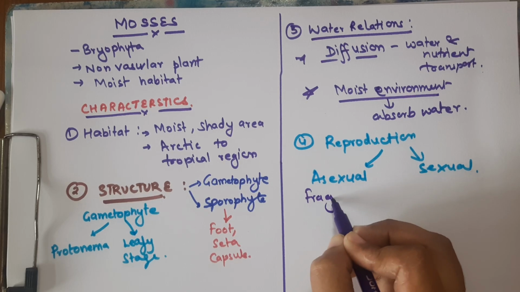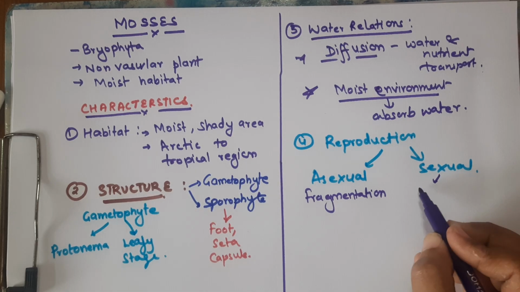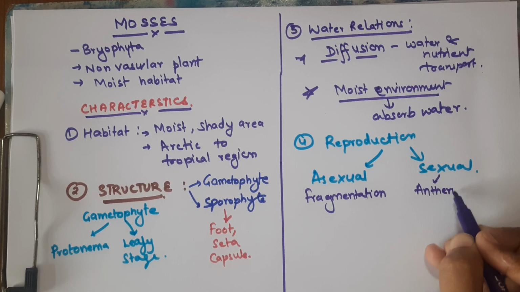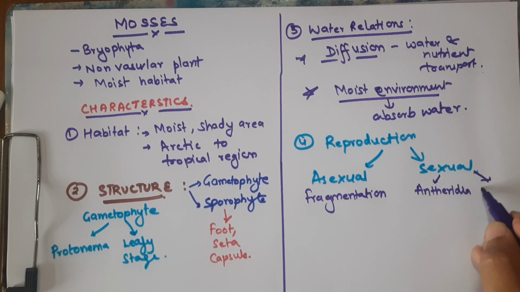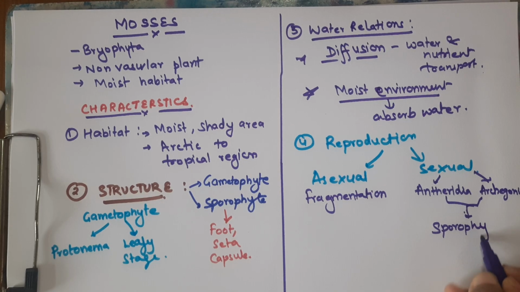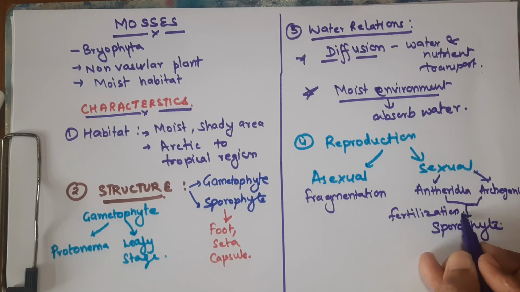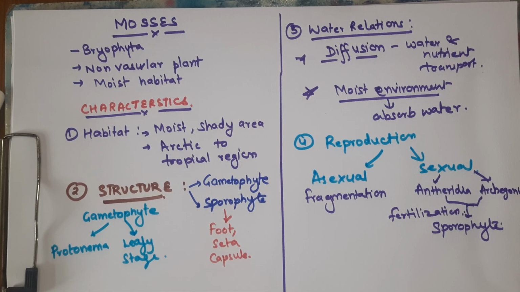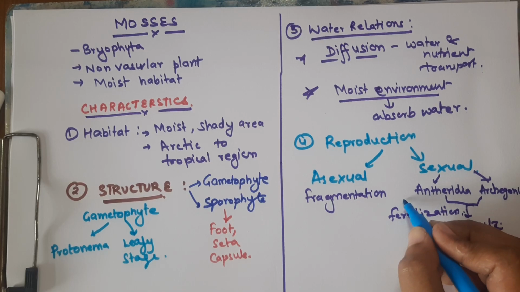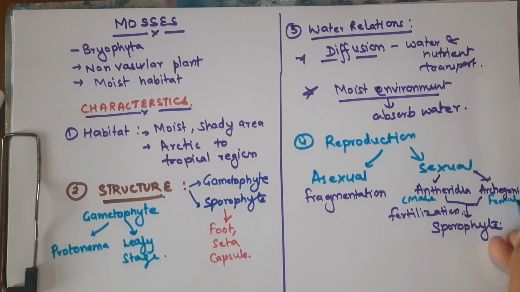Likewise, sexual reproduction requires antheridia for the formation of male gametes, and for the female it requires the archegonia. Fertilization occurs in water and the sporophyte is formed. So antheridia is required for the male gametes, and archegonia is for the female gametes.